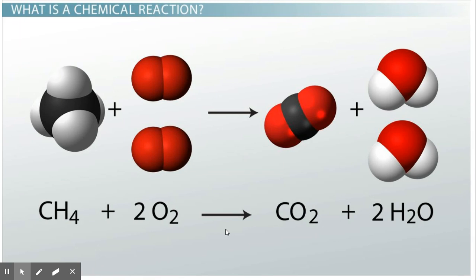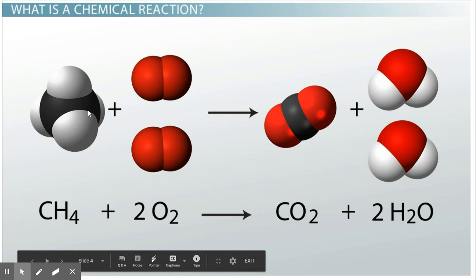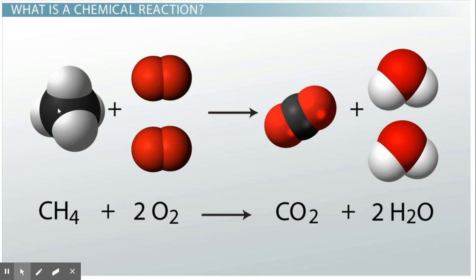So here's that same reaction that I showed you before. So again, if you look on the left side, we have one C, one carbon on the left, one carbon on the right. Okay, so we need to make sure that the number of atoms that we have on the left side, the left of the arrow, is equal to the number of atoms we have on the right side. So if we break this down, we have one carbon here and one carbon here.